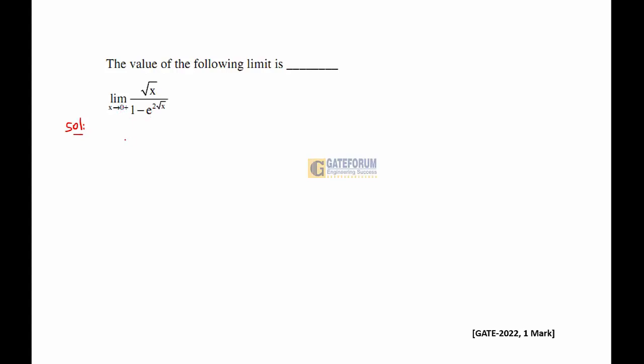This is our function. Since root x tends to 0 and e to the power 2 root x tends to 1 as x approaches 0 plus. What does x tends to 0 plus mean?